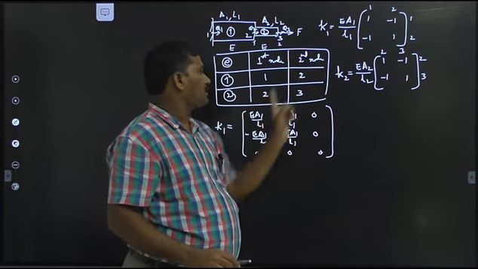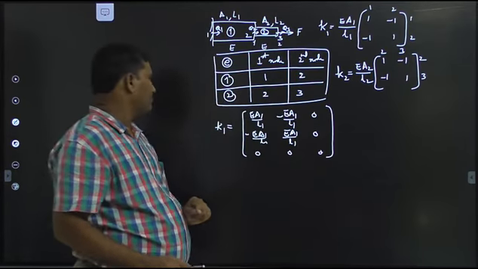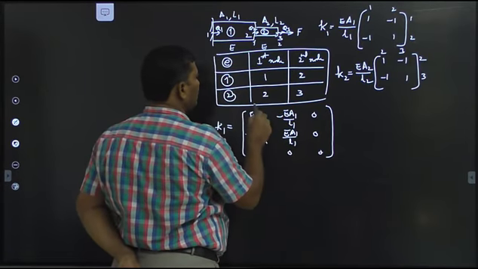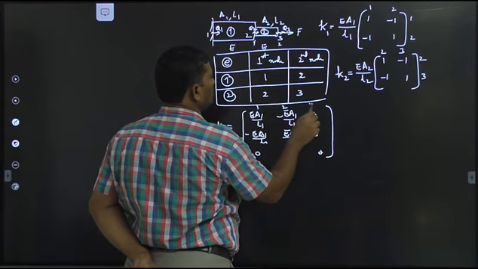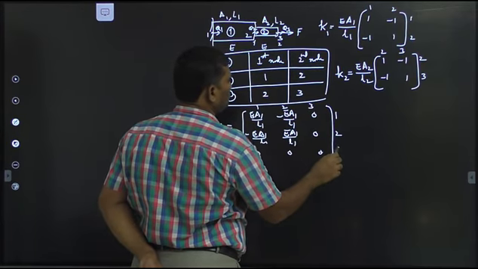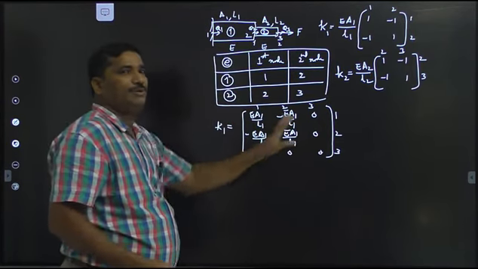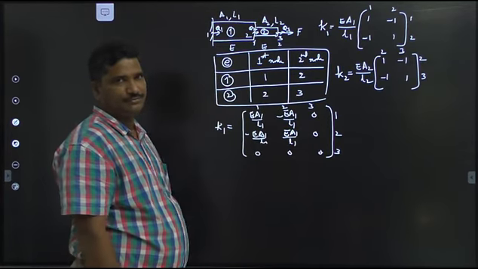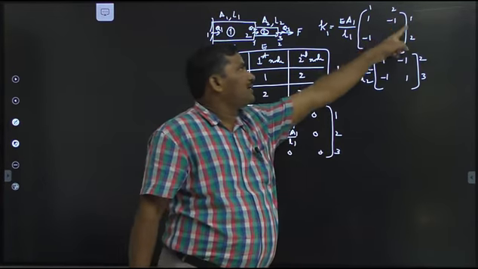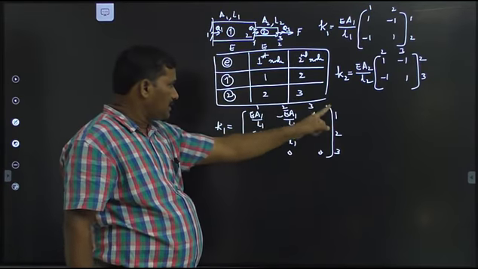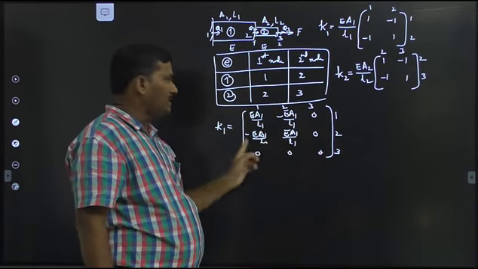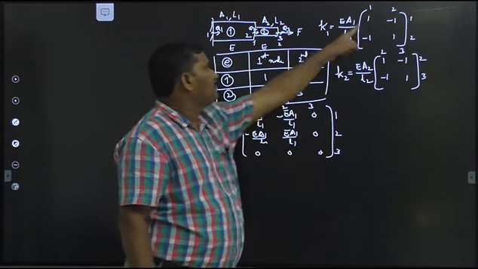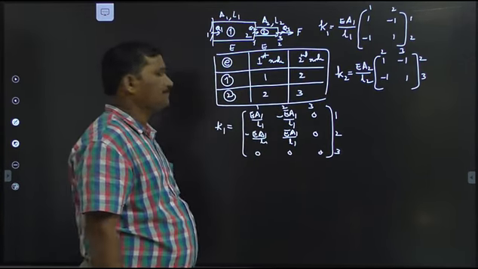I make this matrix into a 3 by 3. And see here, what are the degrees of freedom? 1, 2, 3, 1, 2, 3. I hope you don't have any problem. This matrix is written like this. There is no degree of freedom 3 here. Even though degree of freedom 3 is introduced, the corresponding elements are zeros. This matrix can be written like this.